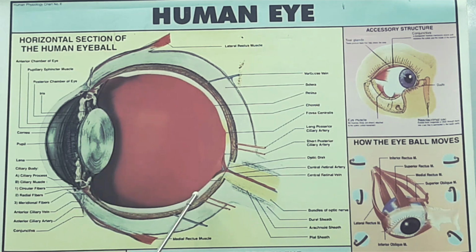The rod cells are mostly located on the peripheral parts of the retina, and at the fovea centralis or yellow spot mostly the cone cells and very few rod cells are present.